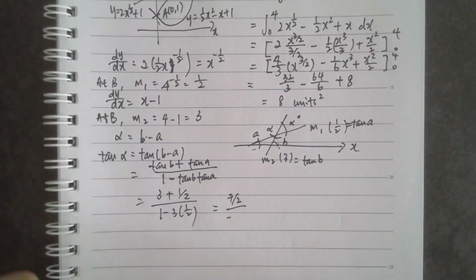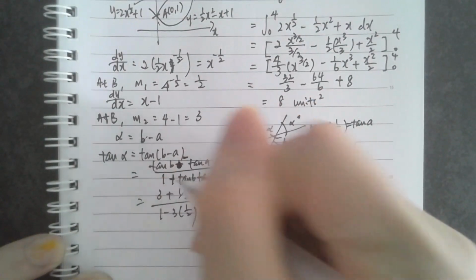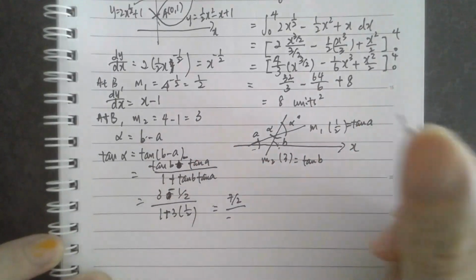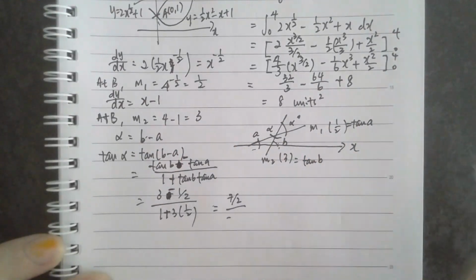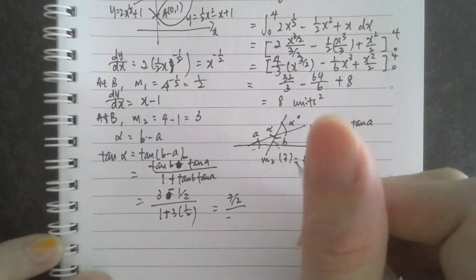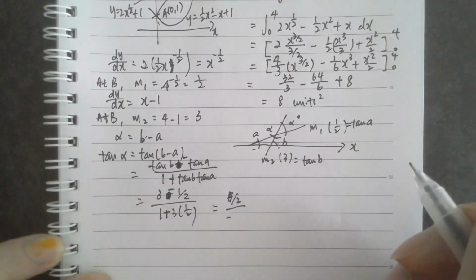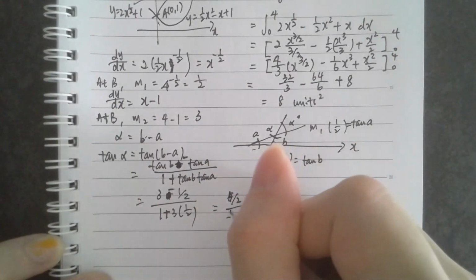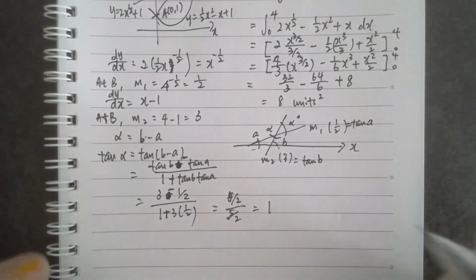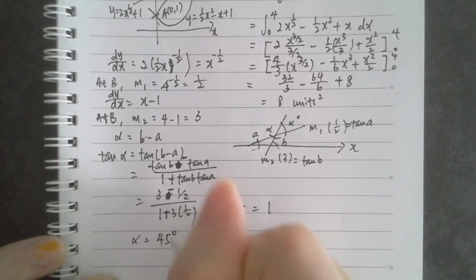I realized that I've made a mistake. This is minus, so this will be minus, and this will be plus. So 3 minus half is 2 and a half, which is 5 over 2. 1 plus 3 and a half is 2 and a half, 5 over 2. So that's essentially 1. So tangent alpha equals 1, which implies that alpha is 45 degrees.